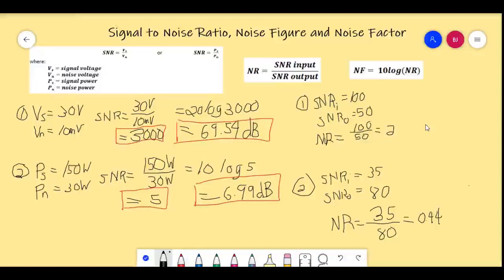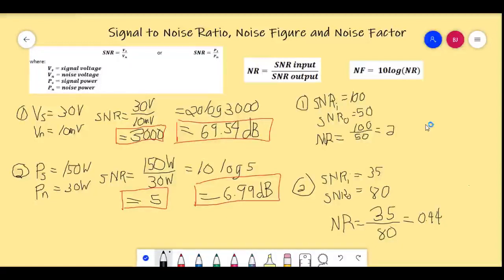So having a noise ratio or a noise figure of more than 1 is actually quite bad. That means the signal to noise ratio actually became worse from the input to the output. Having a noise figure in between 0 and 1 means that the signal to noise ratio actually improved from the input to the output.